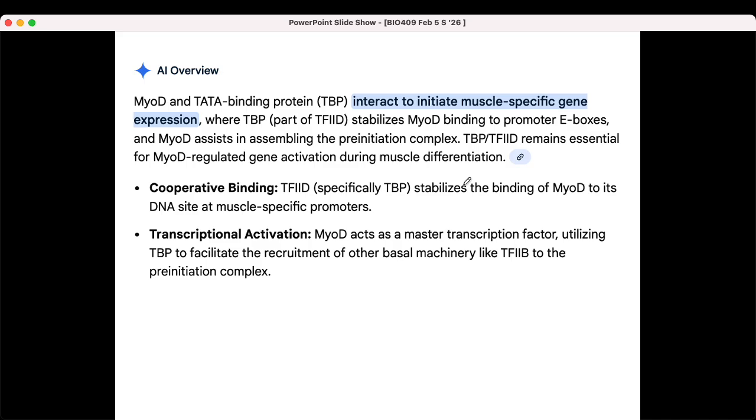Here's just an interesting fact to be aware of, the biochemistry of it. So you could say that MyoD increases the binding affinity of TBP for the TATA, like that. And studies show this, that when MyoD binds to the binding protein, TBP, TBP actually helps change the shape of MyoD, and MyoD binds to the enhancer better.